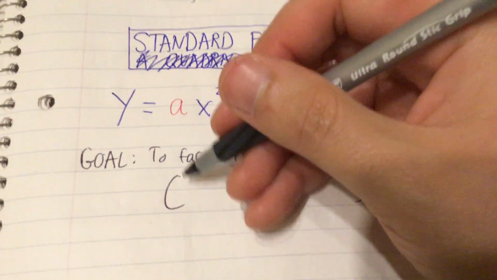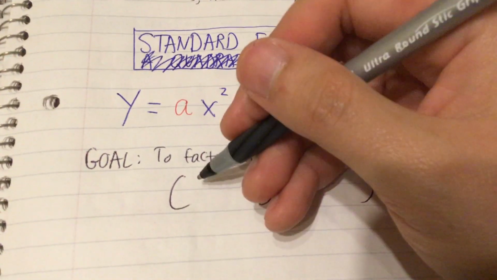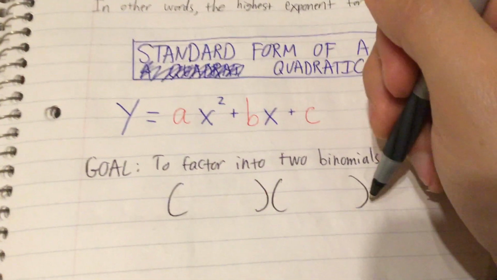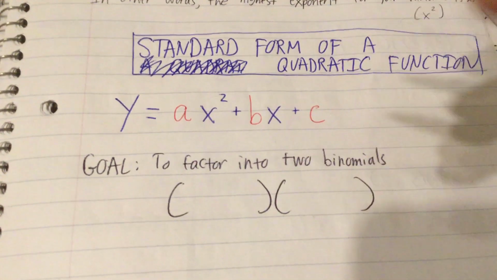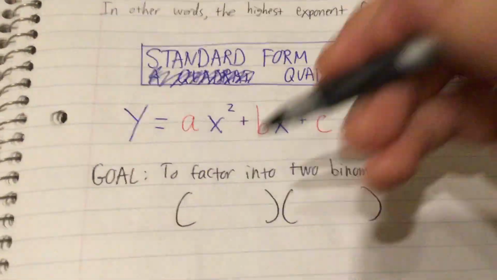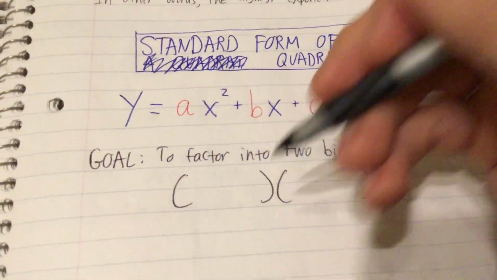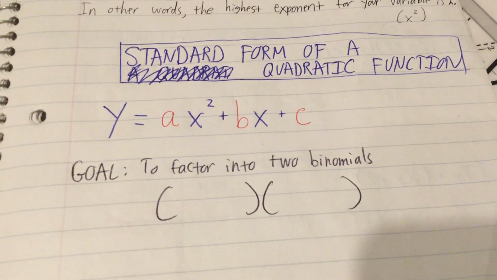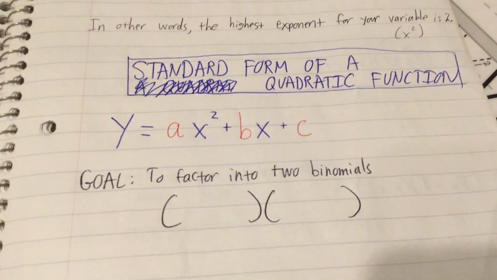But this time we're going to be putting coefficients in there. So 3x plus 5 times 7x minus 2, or something crazy like that. So we're going to factor. We want a multiplication problem. Spoiler alert, the zero product principle is coming back.